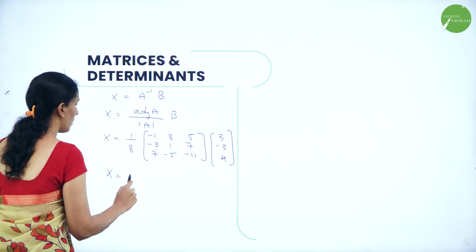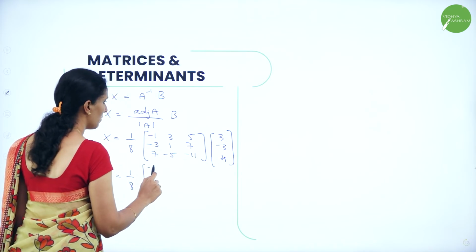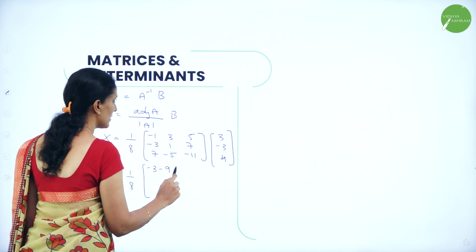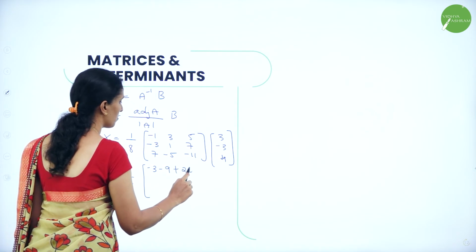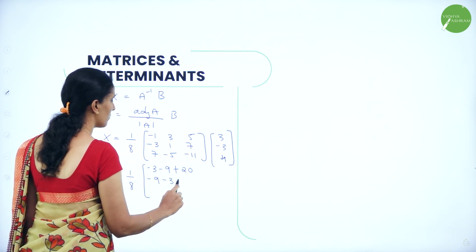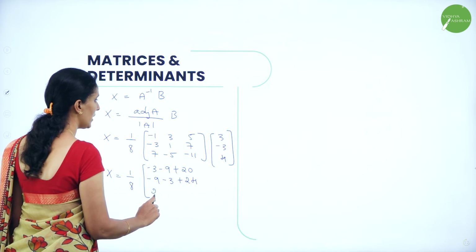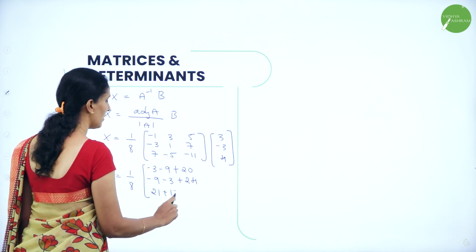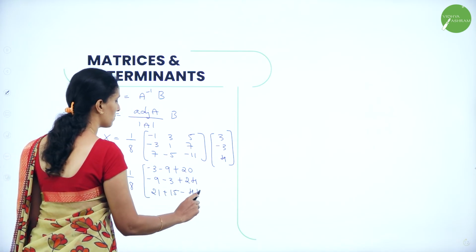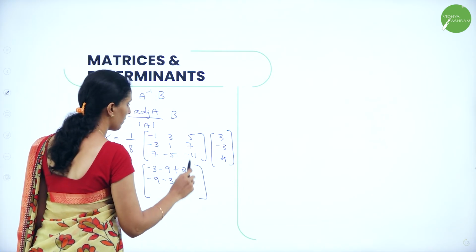So X is equal to 1 by 8. So we have here minus 1 minus 3 minus 9 plus 20. Next minus 9 minus 3 plus 24. Next 21 plus 15 minus 44. Plus 28, 7 4s are 28.